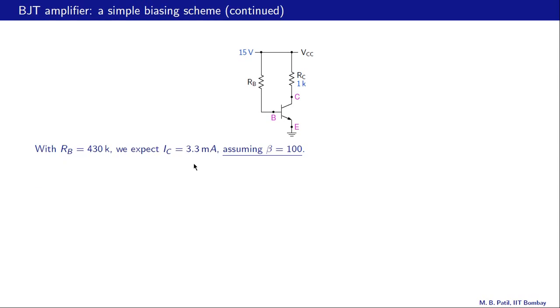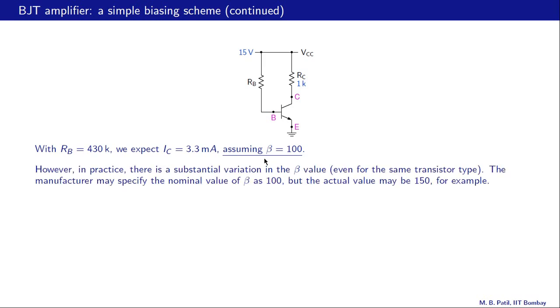Let us summarize. With RB equal to 430K, which we computed in the last slide, we expect IC to be 3.3 milliamps if the transistor beta is 100. Now it turns out that this "if" here is a big if. Let us see why.